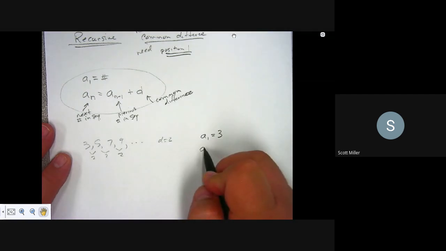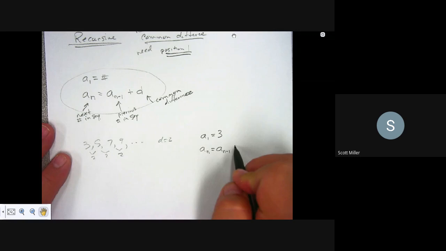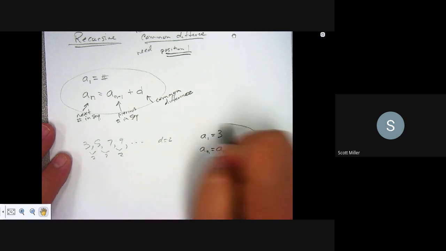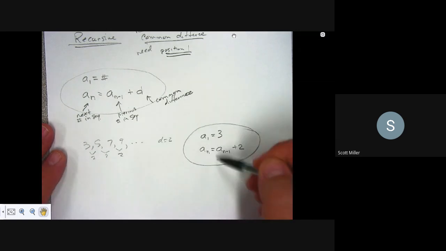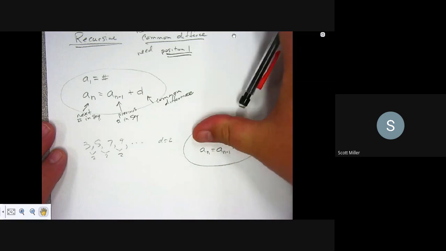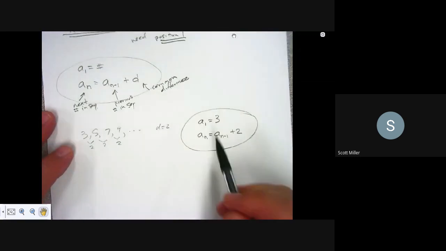And then a sub n equals the previous answer plus 2. That is your recursive rule. Both parts. So that's how you would write that. You need both parts to write the rule properly. A lot of times people mess up and they only give me the bottom one. That's not enough. You've got to give me where to start.